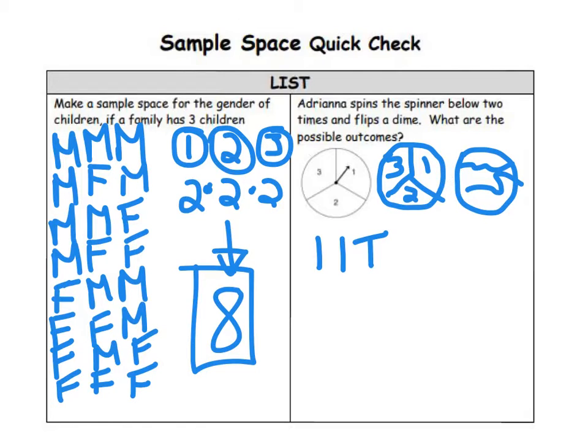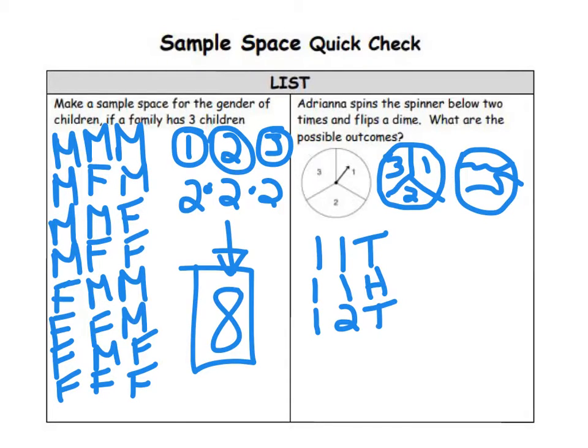I could do the same thing. The first spinner could land on 1, the second one could land on 1, but then the coin will land on heads. Okay, so now the first one could still land on 1. Then the second spinner lands on 2, and then the coin is tails.